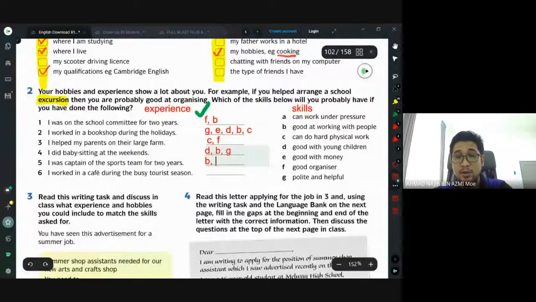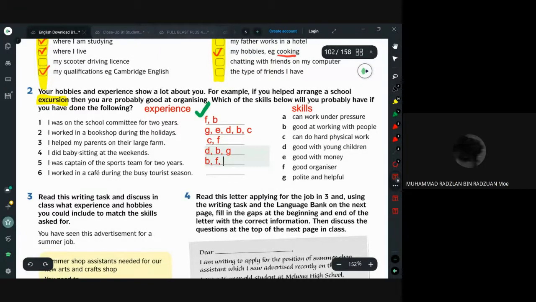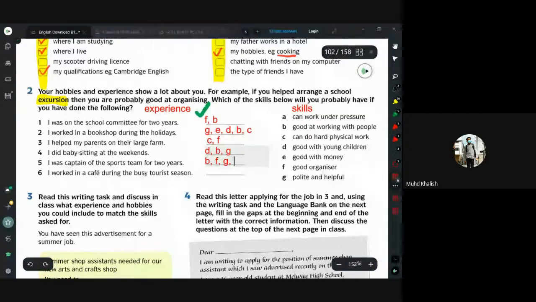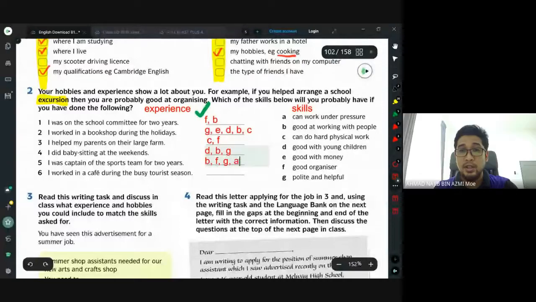Yes, if you're a captain, you need to be a good organizer. Also G, polite and helpful. Captain has to be polite. Yeah, I guess so. Anything else that you think this experience shows? A captain, that's a big position. Sir, how about A? Can work under pressure. True. A too. If you're a captain, you will be under a lot of pressure. Class monitor, maybe not so much, no pressure.